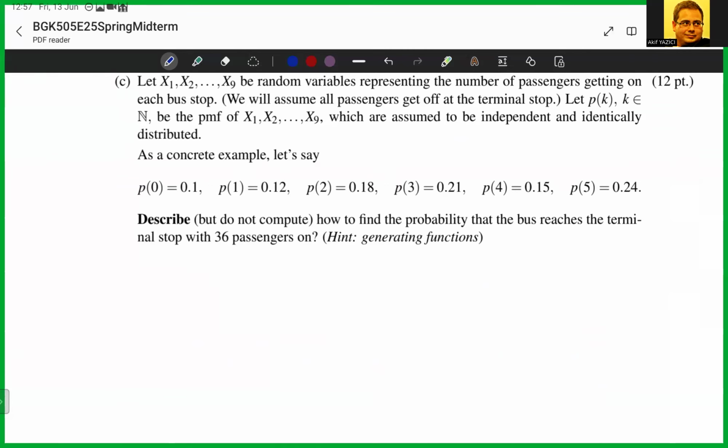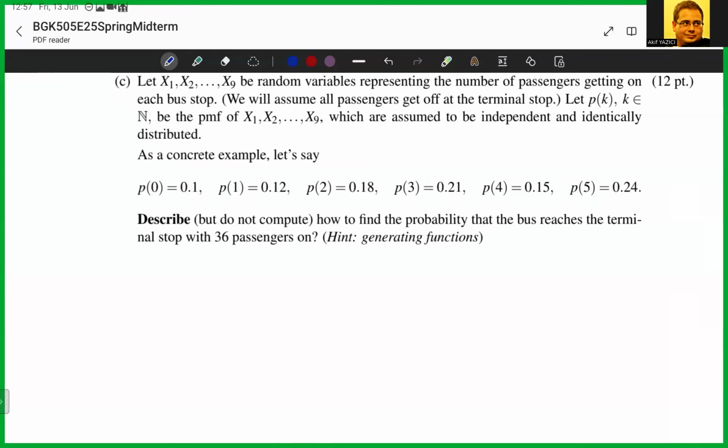We assume these are all IID, independent and identically distributed. And here's an example. Let's say P0 is 0.1, so with a 10% probability, no one is going to get on. P1 is 0.12, the probability of one person getting on. And 0.18 is the probability of 2 people getting on, and so on.